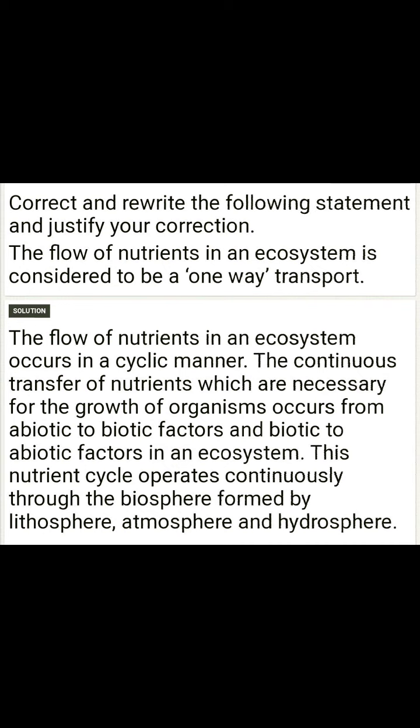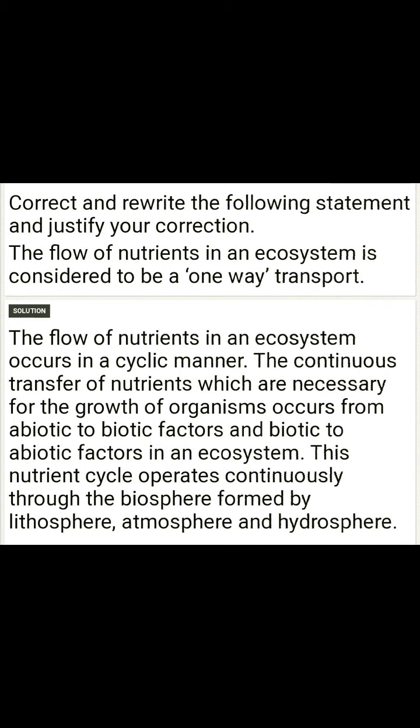Suppose you take the example of any nutrient like oxygen. This oxygen is present in the atmosphere. This oxygen is taken up by humans. Then humans perform respiration and in return give out carbon dioxide.